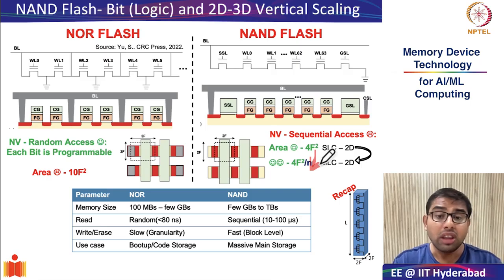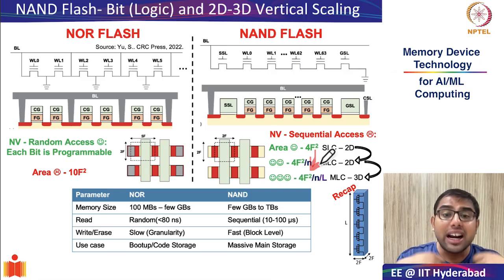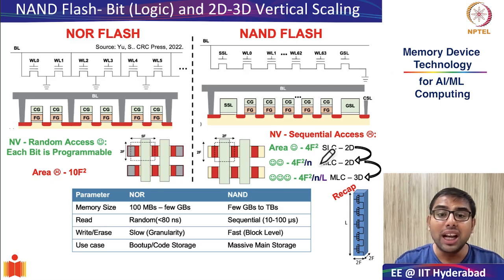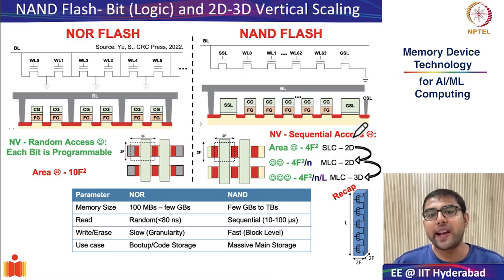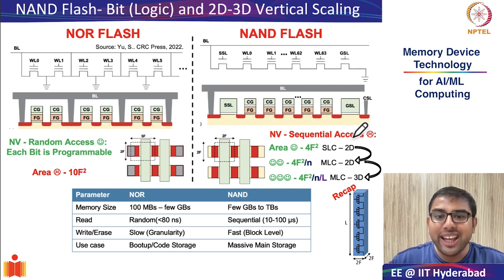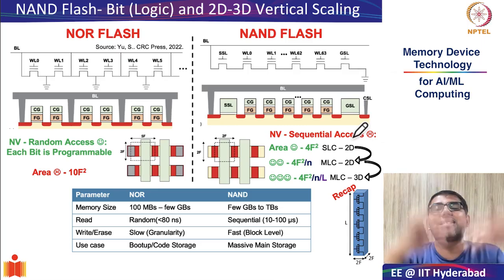Not only that, there is another form of scaling which is possible, which is called vertical scaling. Remember the example that I had given? 2D NAND is more like building row houses, but vertical scaling, which is 3D NAND, is more like building skyscrapers.